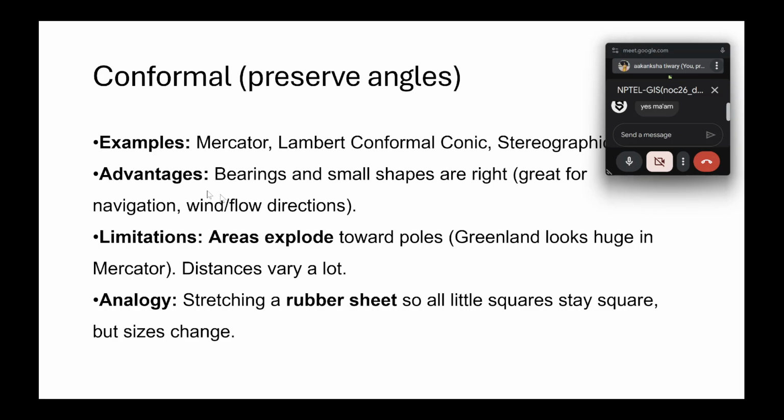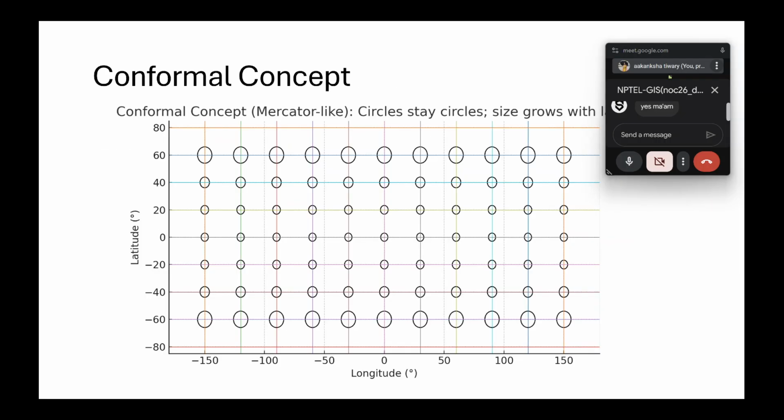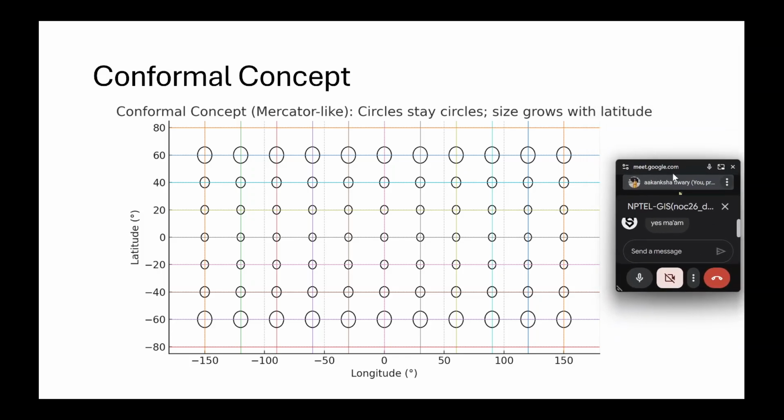Okay, so in the conformal type, if you are interested in knowing the directions, then this particular conformal type is good. But if you are interested in distance and area, then this is not correct. Okay, so this is how the conformal concept looks.